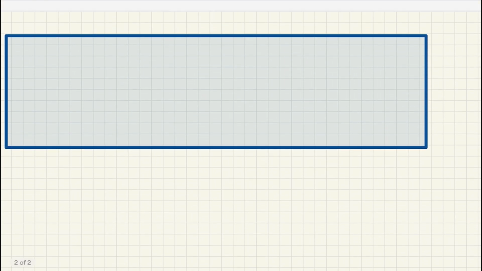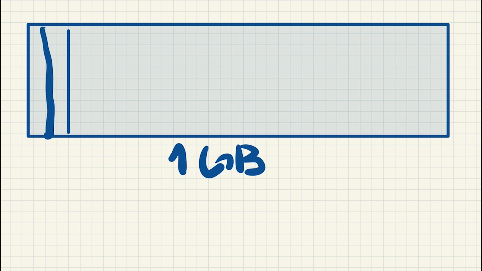So we start out at this point by reserving 1 gigabyte of process memory. And what we do is we divide this memory segment, which I call the heap.